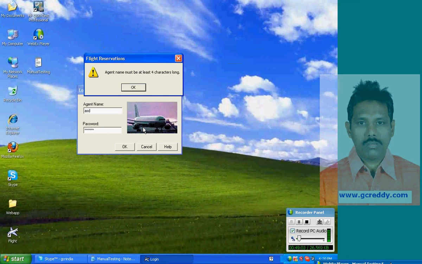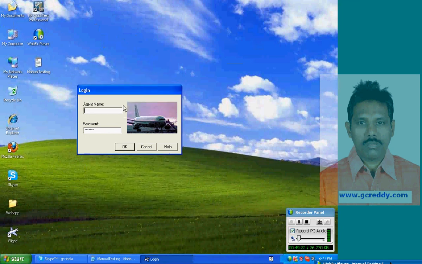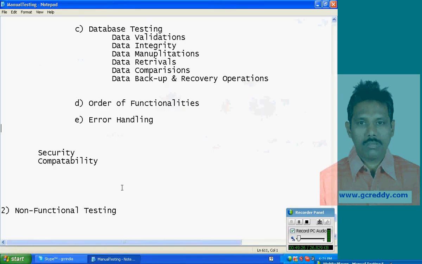Suppose if it showed invalid password, I may be confused. Otherwise, if it showed enter agent name and password, the end user would be confused, since I already entered agent name and password. So, providing a meaningful error message is also important.